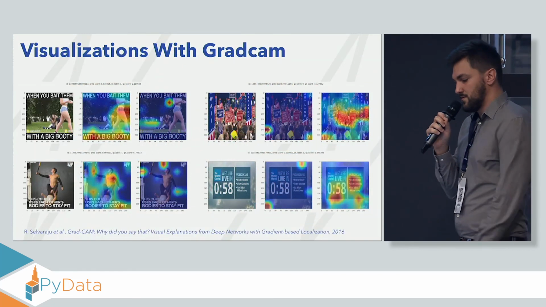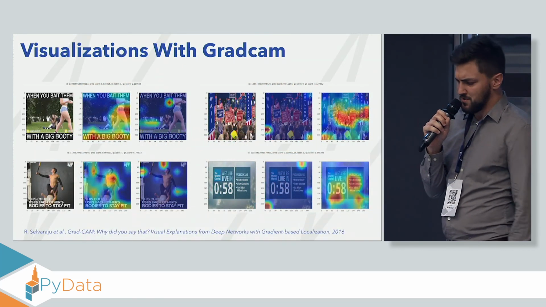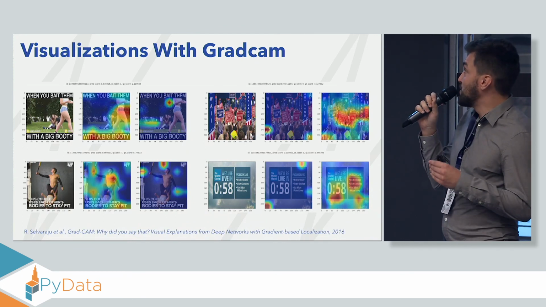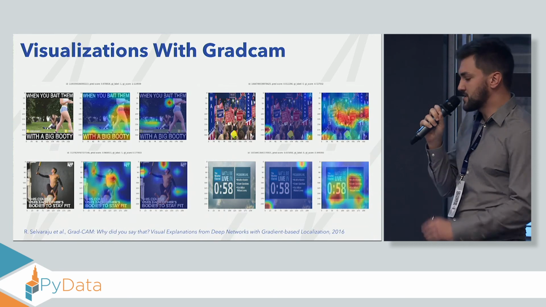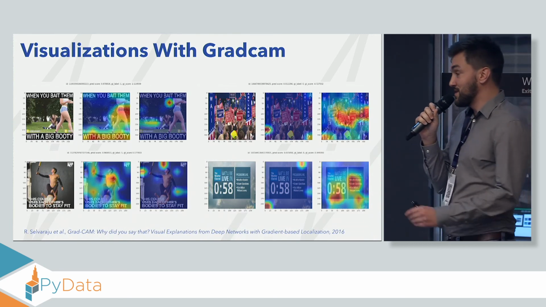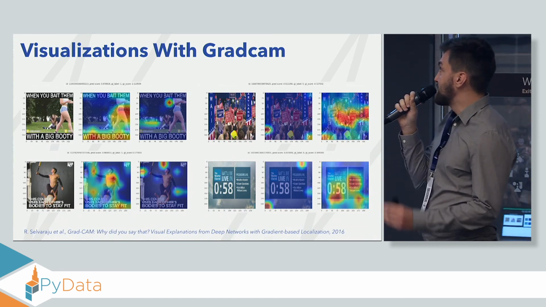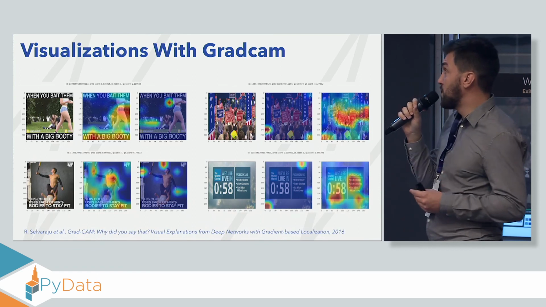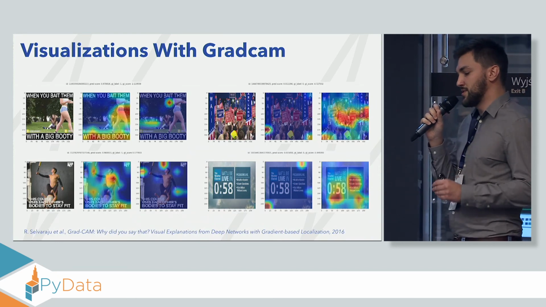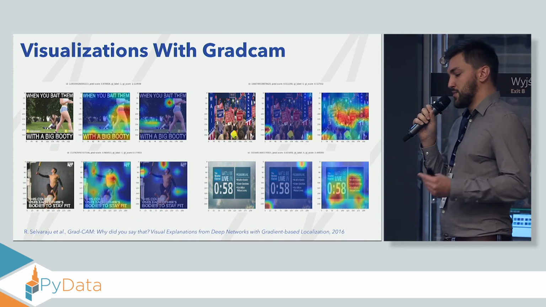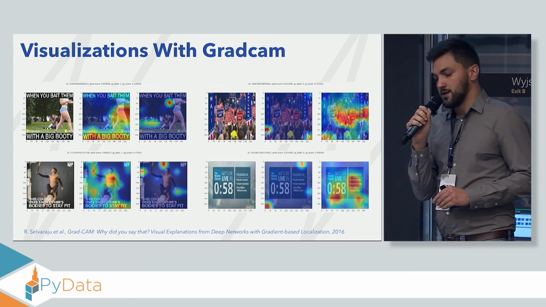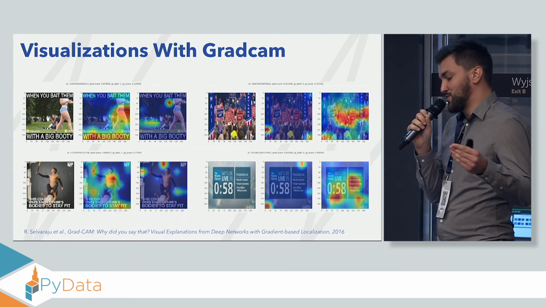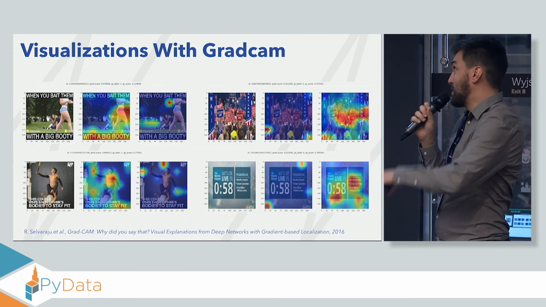Another very interesting thing that we can do is try to visualize what parts of the image contribute to the popularity score. So here we have 4 examples. On the left we have the raw image. In the middle we have a heat map of what part of the image contributed to popularity, and on the right we have a heat map of what part of the image contributed to the score that it's unpopular.